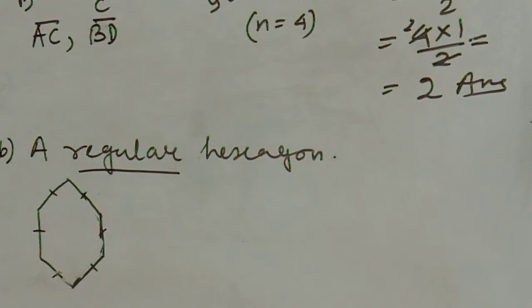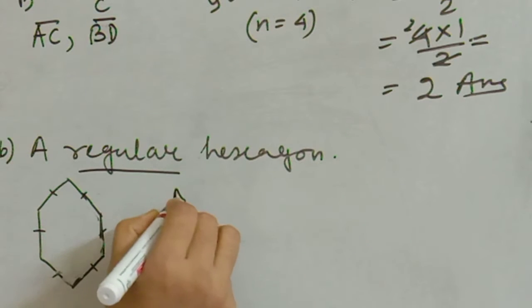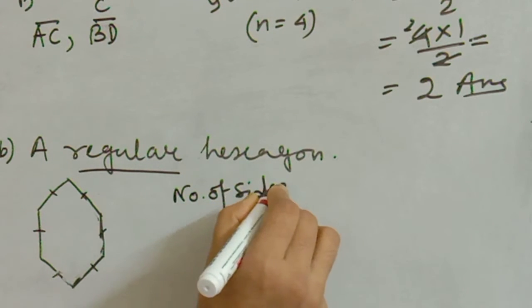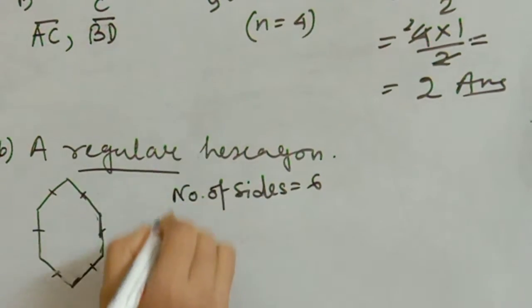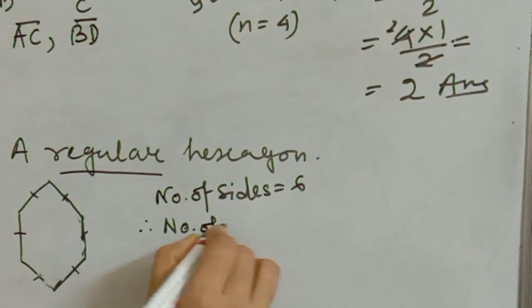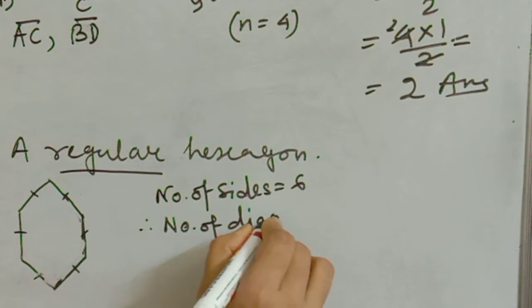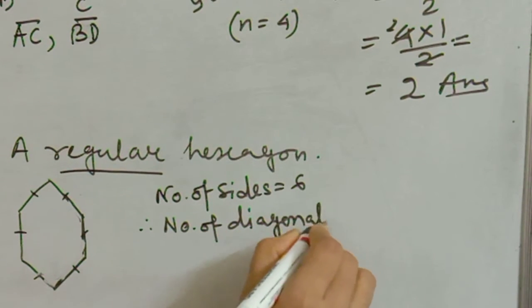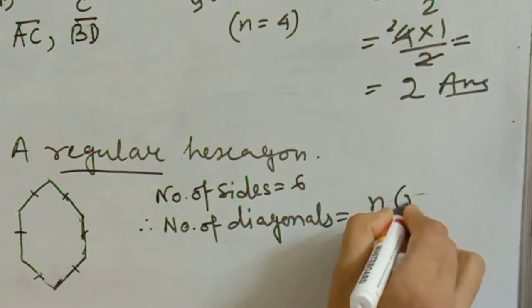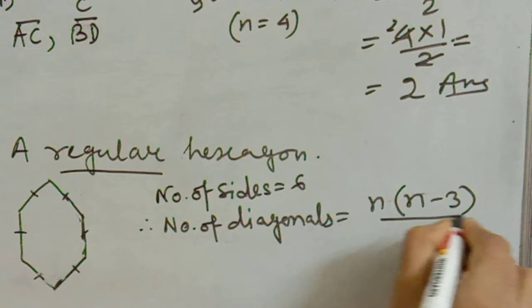Now, how many diagonals can you draw? The number of sides in a regular hexagon is 6. Therefore, the number of diagonals in a hexagon is equal to n into n minus 3 by 2.